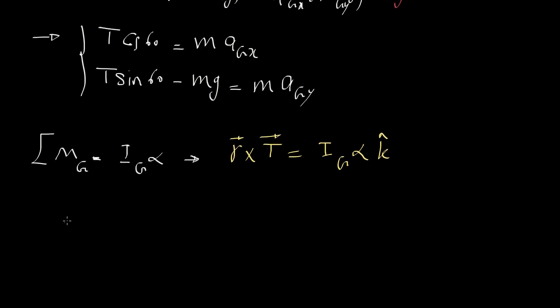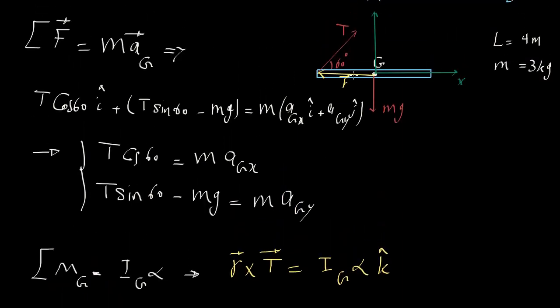R here is just minus L over 2 in the i direction. If we look at this picture, R is basically half of the length of this rod, and the length of the rod is L, so this would be L over 2 in the minus i direction cross T, and T would be T cosine 60 in the i direction and T sine 60 in the j direction.